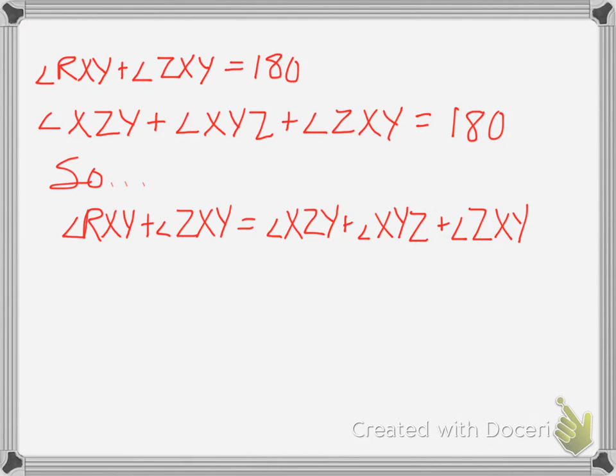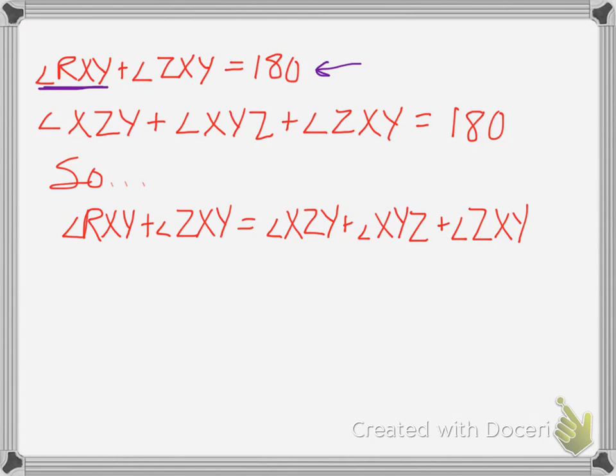Okay, so here's a sample for number 4. It's going to vary depending on which exterior angle you chose to focus on. The one I chose to focus on is angle RXY. That's my exterior angle of the triangle. And so I wrote this relationship, that if I take RXY plus ZXY, that's a straight angle, and it equals 180 degrees.